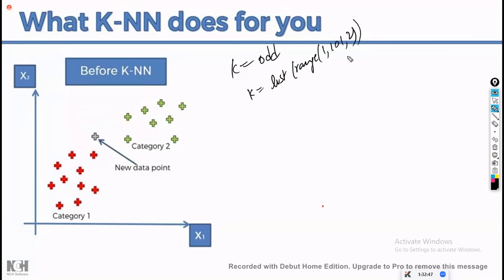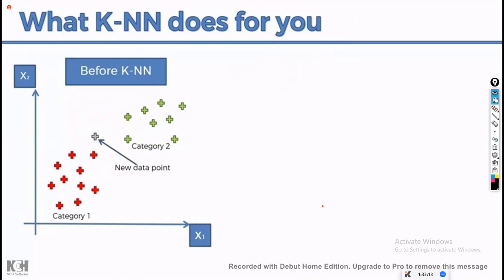It will try k equal to 1, 3, 5, 7, 9, 11, 13. It will identify with only odd k values, and from those it will identify which is the best. Mostly k will be odd numbers. If k is even, how it works I have already told you.